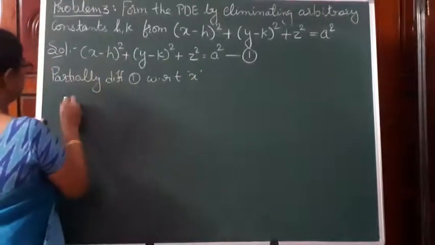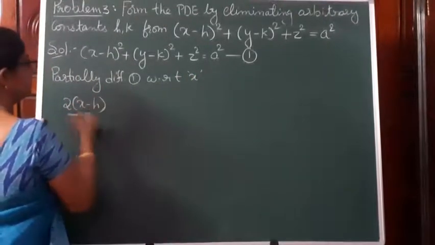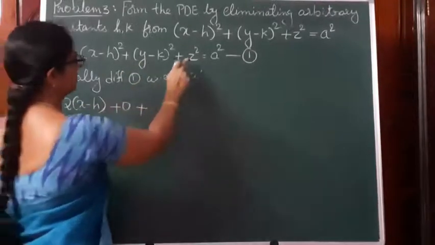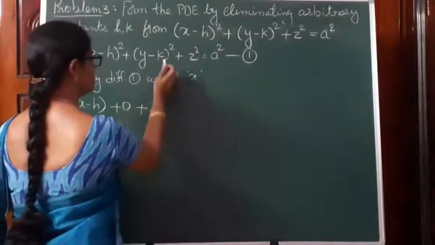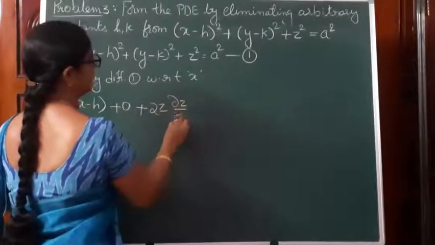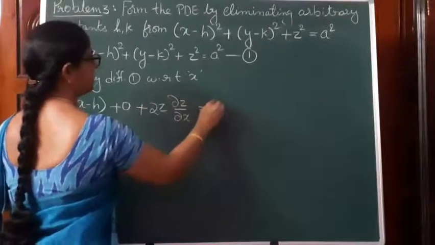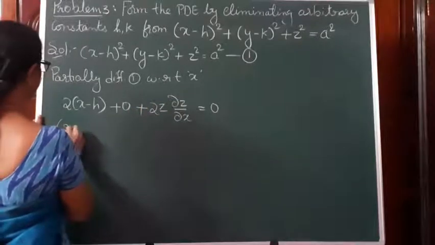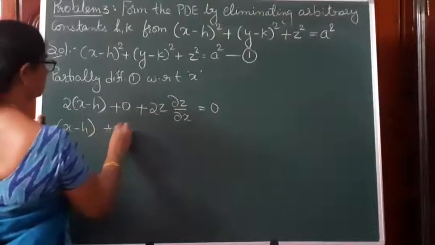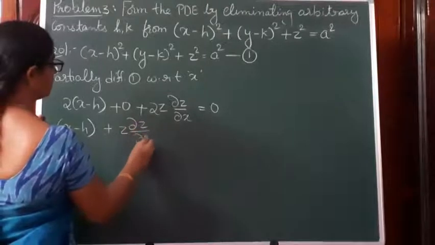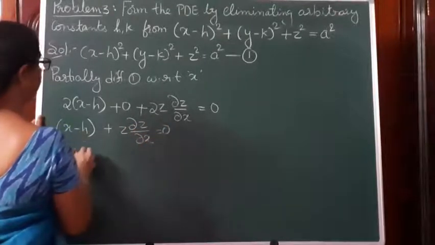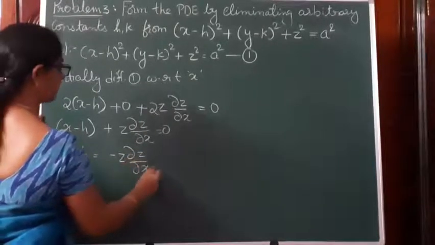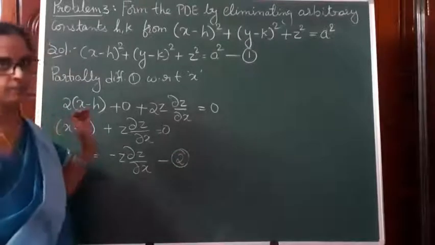Derivative of x minus h whole square is 2 into x minus h plus derivative of y minus k whole square is 0 plus derivative of z square is 2z into dou z by dou x is equal to derivative of a square, which is 0. That is, 2 can be cancelled. x minus h plus z into dou z by dou x is equal to 0, or x minus h is equal to minus z into dou z by dou x. Let us call this as equation 2.